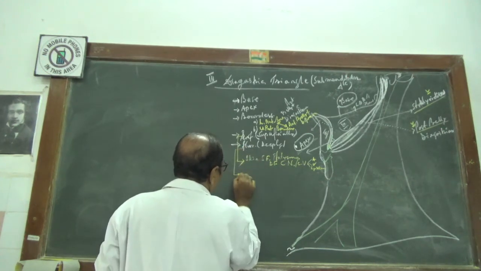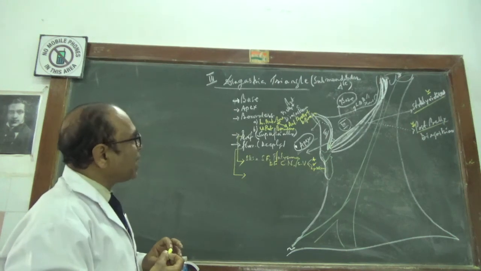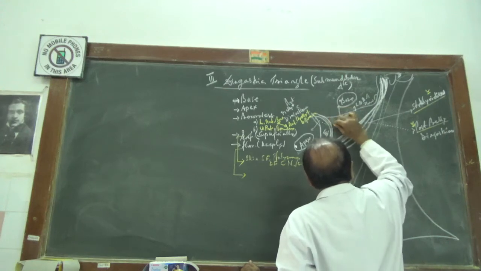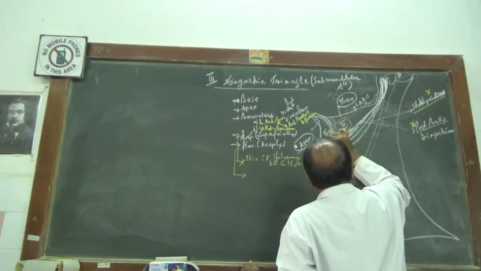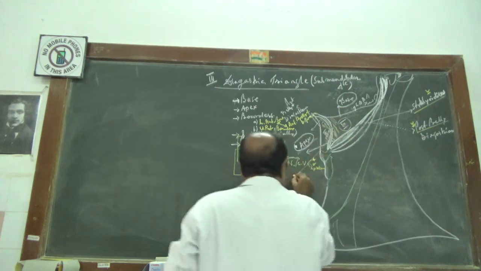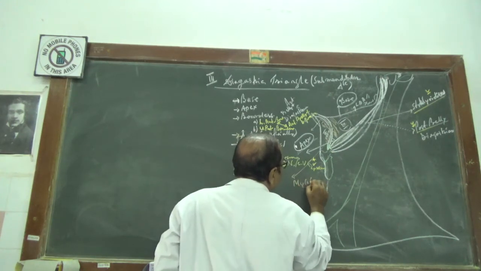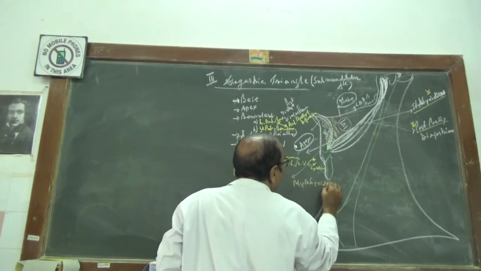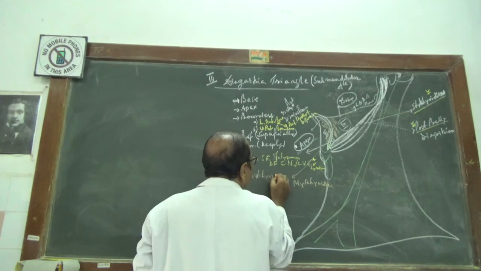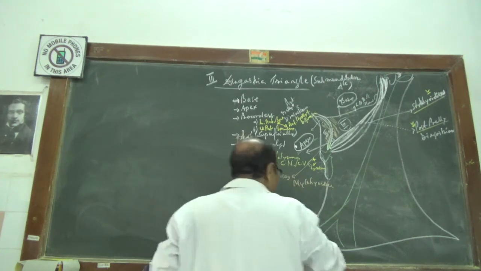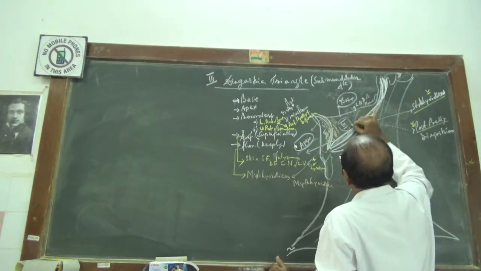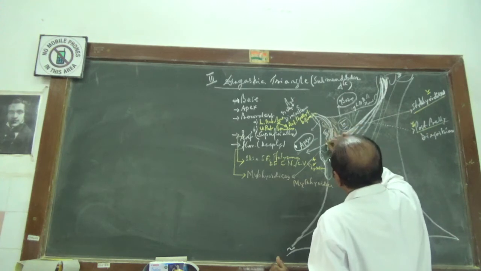Then you have the floor. The floor of the digastric triangle you are going to get like this. This thing has already been talked about. So this will be the mylohyoideus. Mylohyoideus is one muscle. Then you have one more muscle which goes all the way from the tongue to the hyoid.